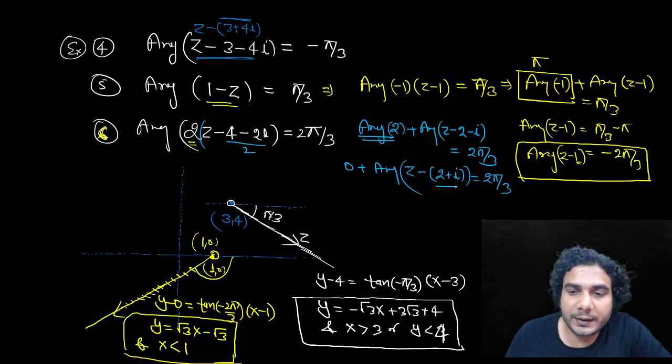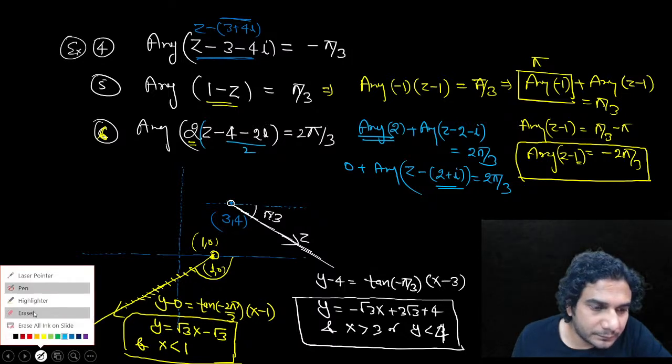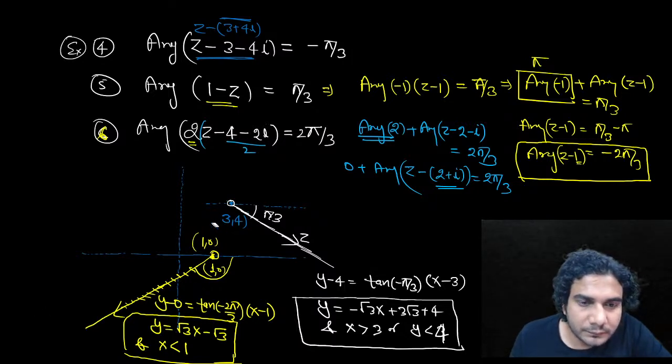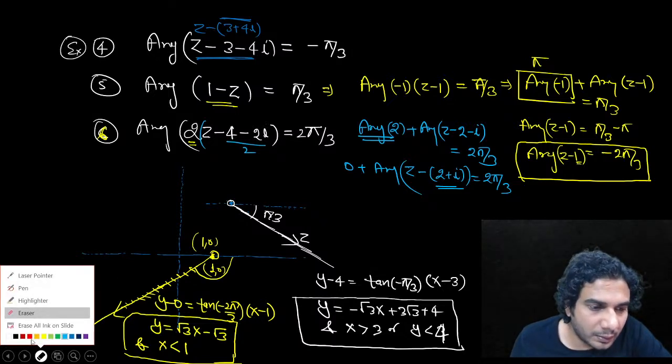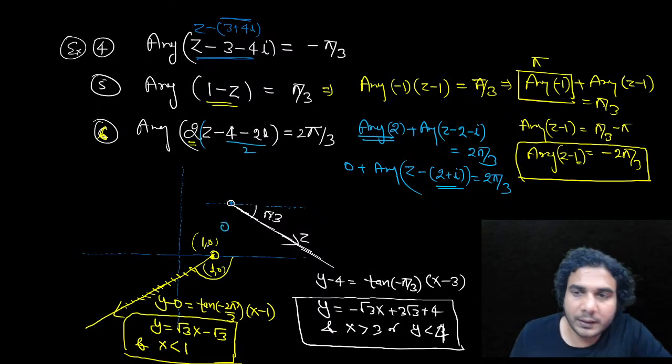So now you need to take this point 2 comma 1. Say this is 1, this is 2, and 2 comma 1 is somewhere here. Let's take it randomly. This is the point, say 2 comma 1. And you need to measure the angle.